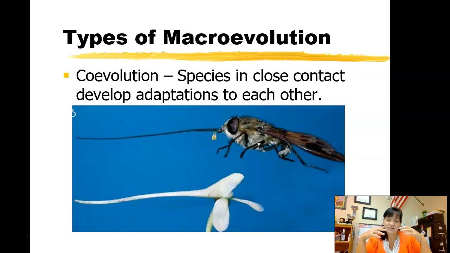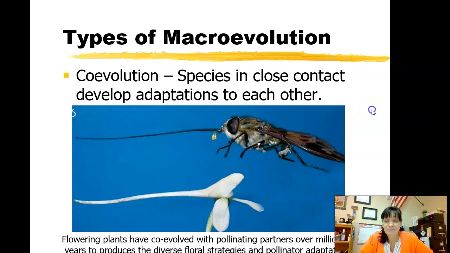So the nectar and the good, sweet food inside the flower has helped the insect. The insect then will pollinate and make more of the flowers, right? So they've got this great gig going between them. And over millions of years, they've developed this incredible coevolution that they depend on each other. Pretty amazing.